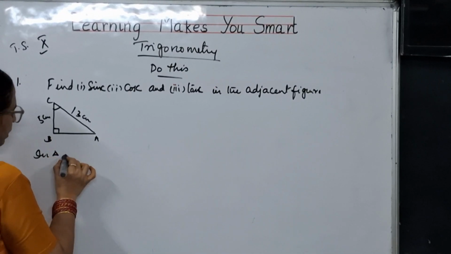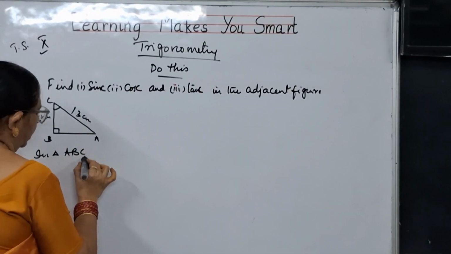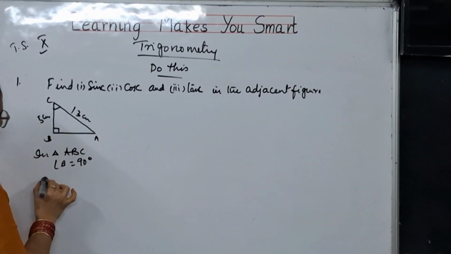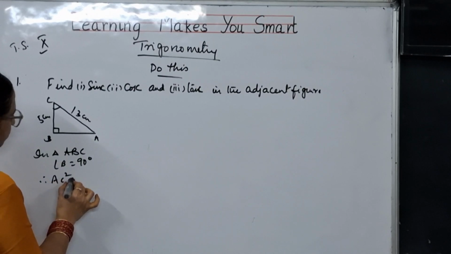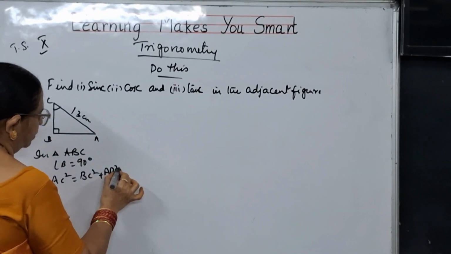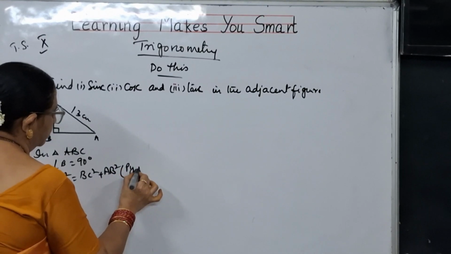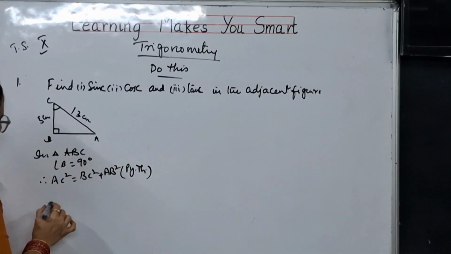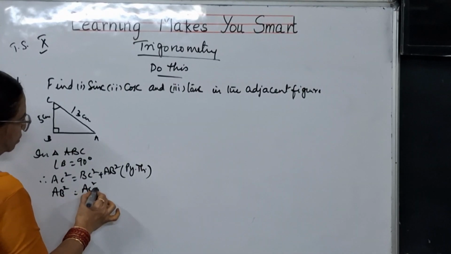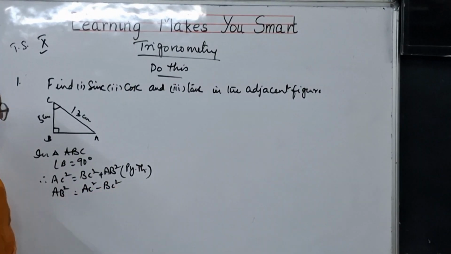In triangle ABC, angle B is 90 degrees. Therefore, AC square is equal to BC square plus AB square. This is based on Pythagorean theorem. So we want AB square. AB square is AC square minus BC square.